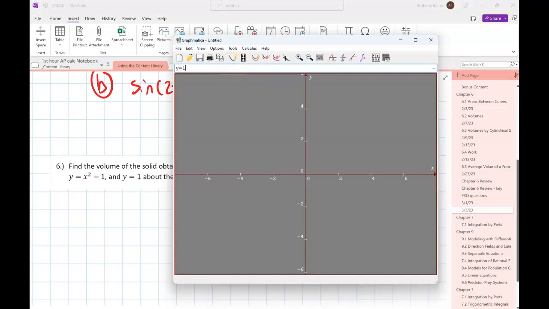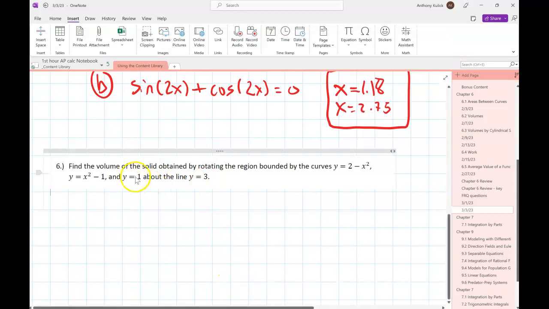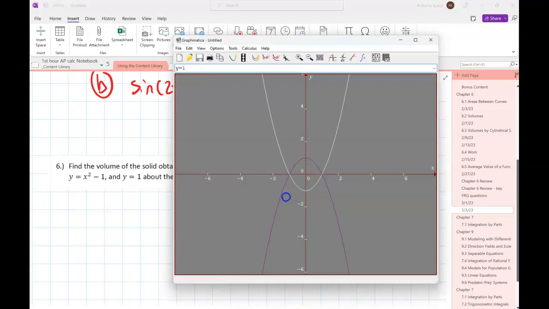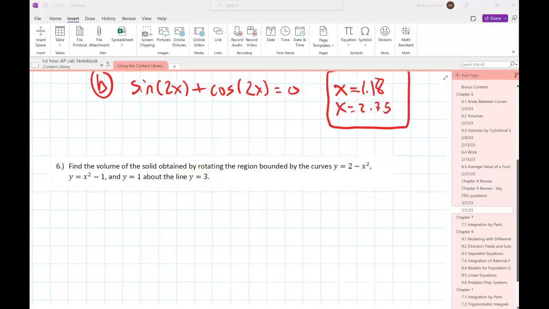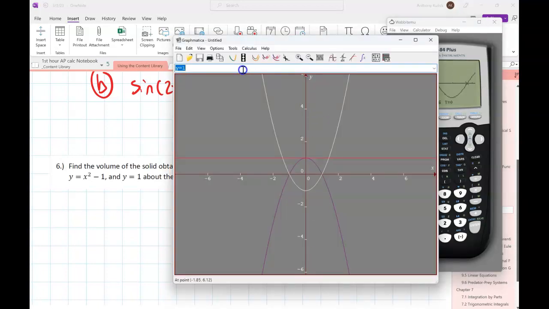Y equals, was it 1 minus x squared? And then y equals x squared minus 1, and then it was y equals 1. Okay, I guess we really didn't probably need that. About the line y equals 3. I'll make that dashed.